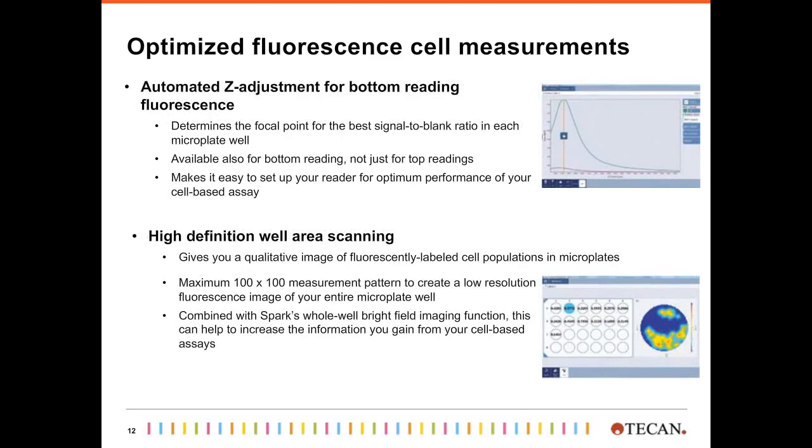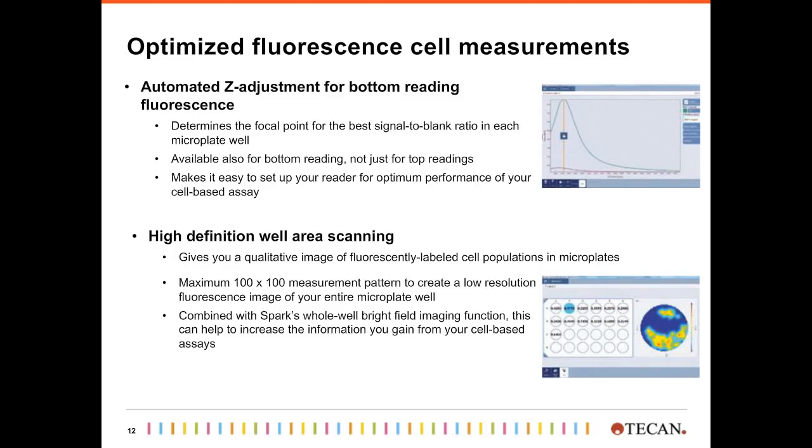We also offer set optimization for fluorescence bottom readouts. That means we can optimize the set focus for fluorescence readings, which makes the system very sensitive for cell-based assays. And we have a feature that we call high-definition well area scanning.